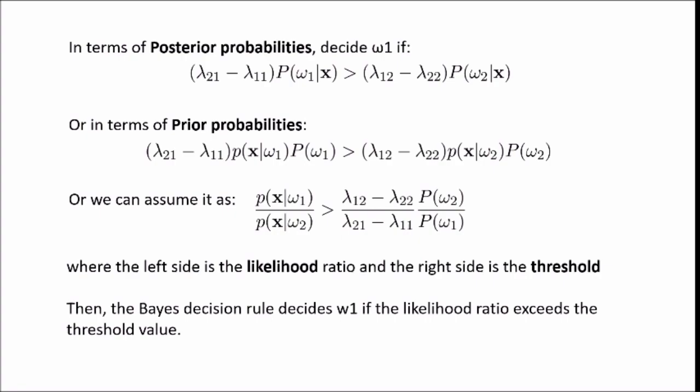Or in terms of prior probability, we can basically write it like this, or we can assume it as this formula, where the left side is the likelihood ratio and the right side is the threshold. Then the Bayes decision rule decides W1 if the likelihood ratio exceeds the threshold value.